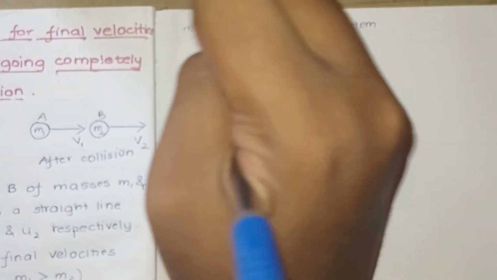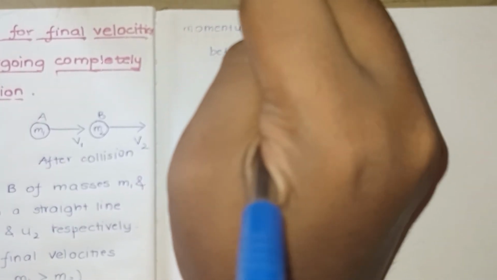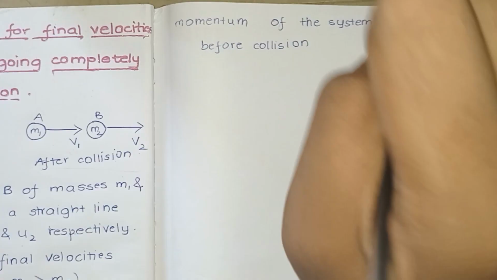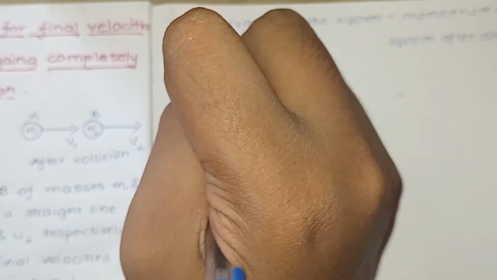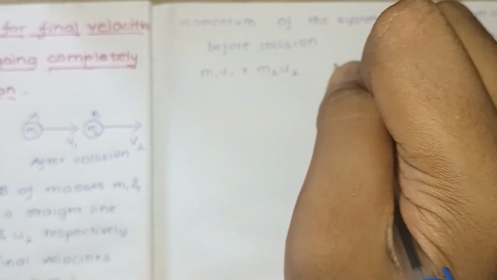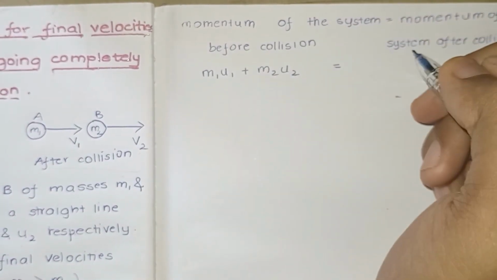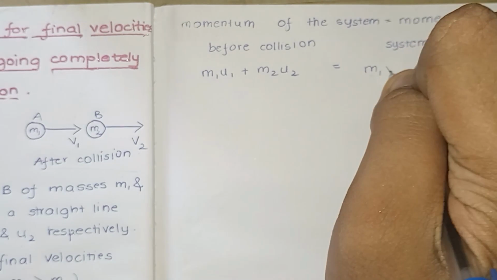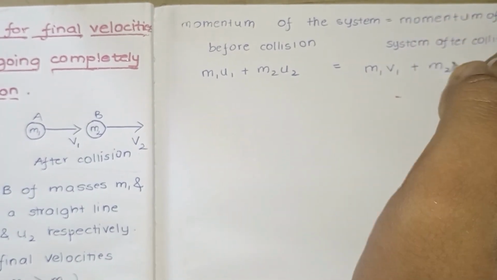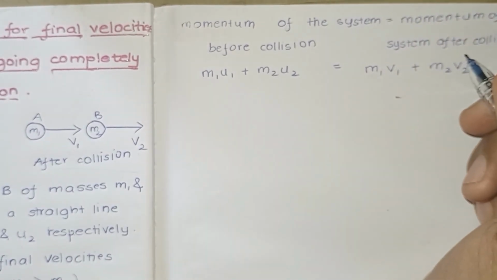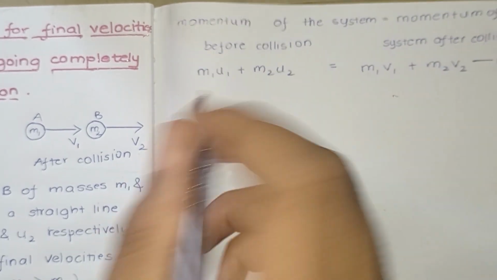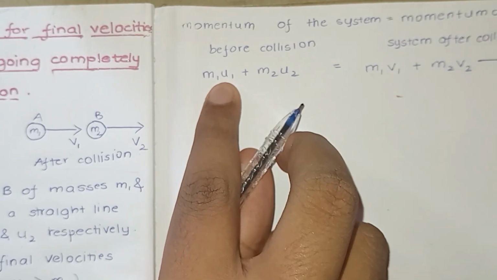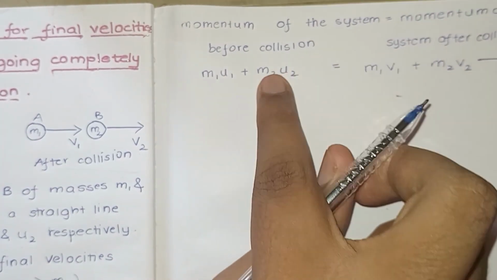Momentum is mass into velocity, so we can write m1 u1 plus m2 u2 is equal to m1 v1 plus m2 v2. We will keep this as equation 1.